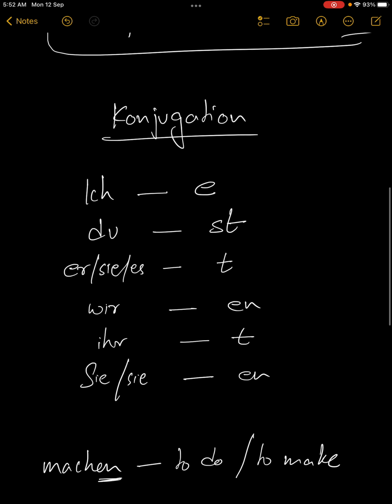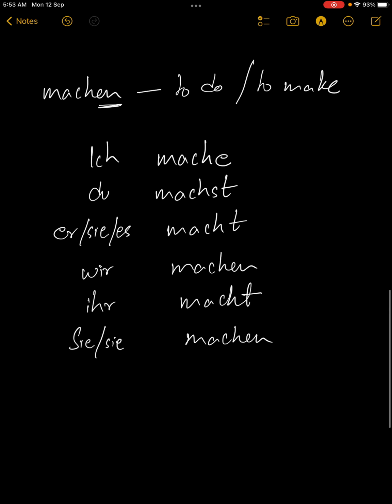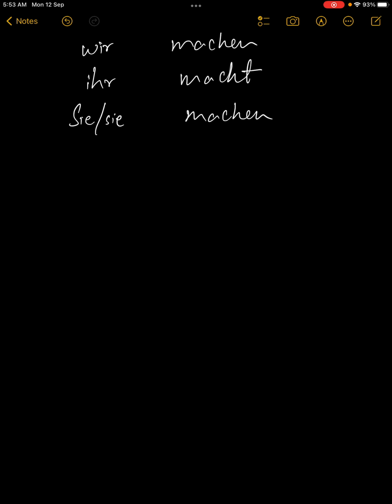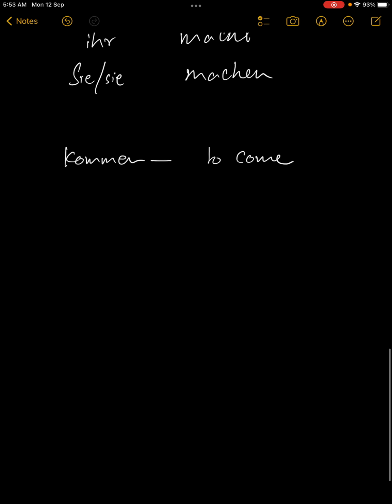Now go ahead, try with the second verb that I gave you, kommen, which means to come. When someone asks you to conjugate a particular verb, that means you write it in all the forms, and the order must be the same: ich, du, er, sie, es. Make sure you write it that way. That way it'll be a lot easier to learn.